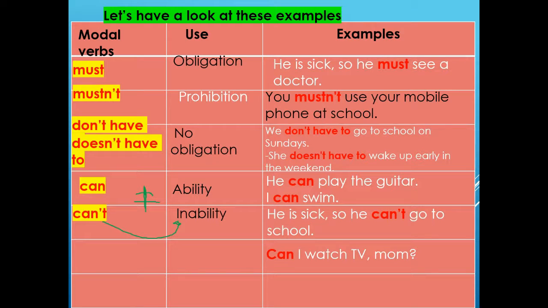Let's move to the next example. Can I watch TV, Mom? Here we have a sentence in the form of a question. The modal here is can, but the function is that it expresses permission. In this context, it expresses permission. It differs from I can swim, and it differs as well from I can't go to school or he can't go to school. So here can expresses permission.